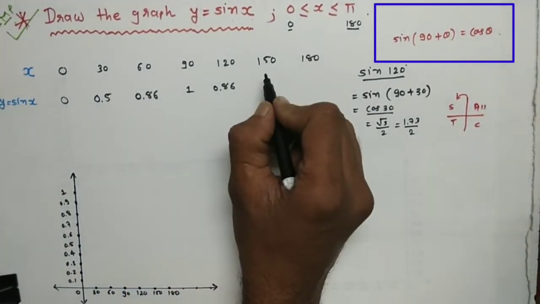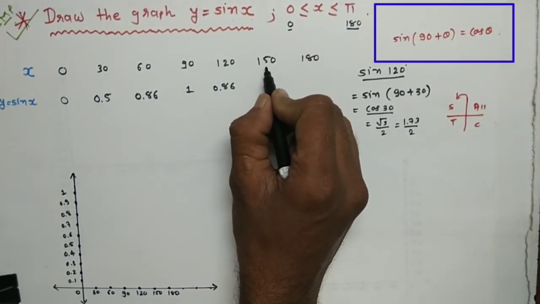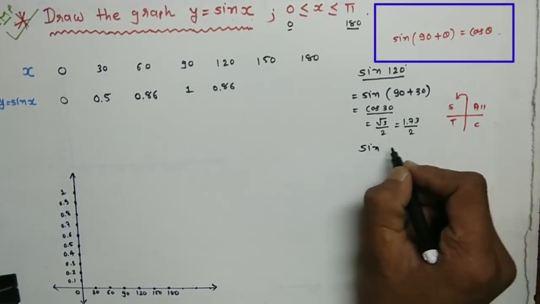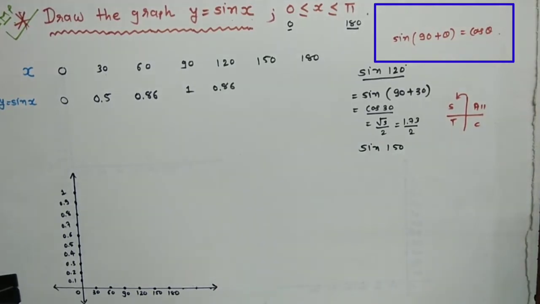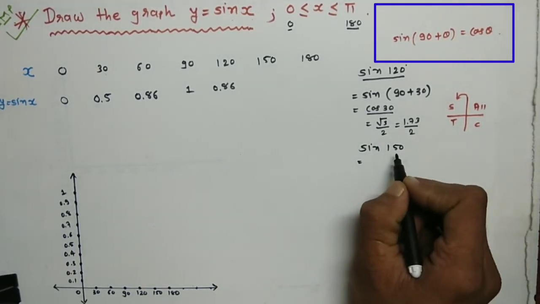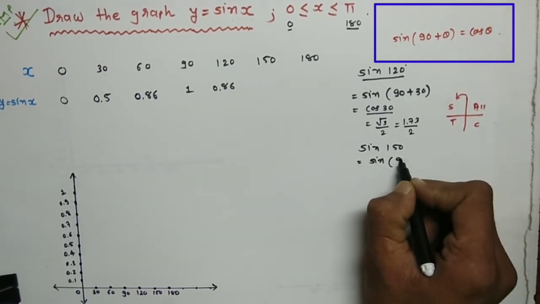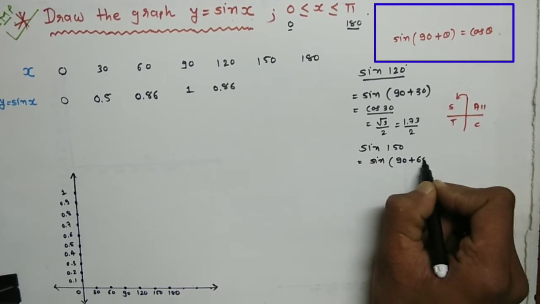Now we put x is equal to 150 in this function. Sine 150. Now divide 150 in two parts. Sine 150 means sine of 90 plus 60.